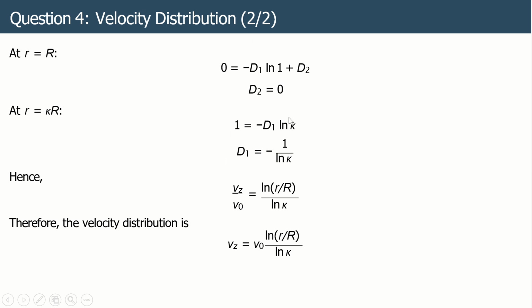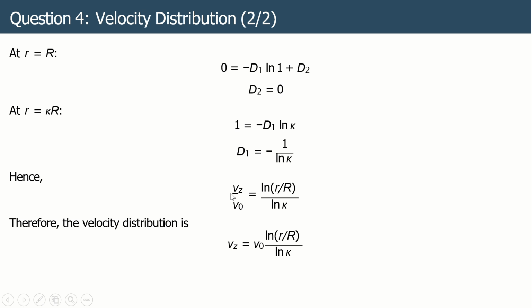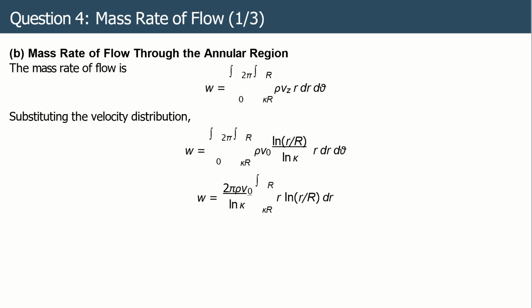From there we can find D2 and D1. After putting D2 and D1 in this equation, we get the velocity distribution, which is vz equals v0 ln of r by R divided by ln of k.